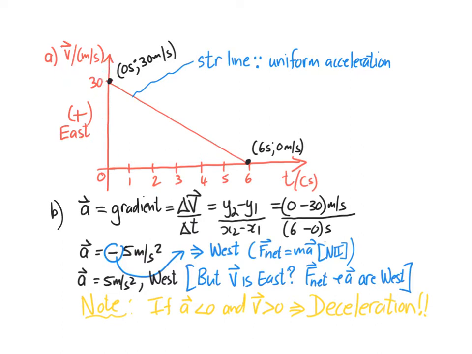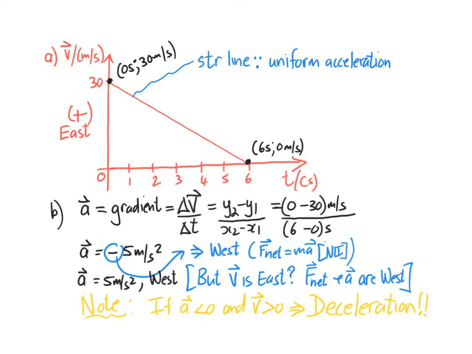The vertical axis is the velocity axis, measured in units of meters per second. The horizontal axis is the time axis, and the units are seconds. And so starting at 30 meters per second and ending at 0 meters per second after 6 seconds, we get a straight line that descends like that.